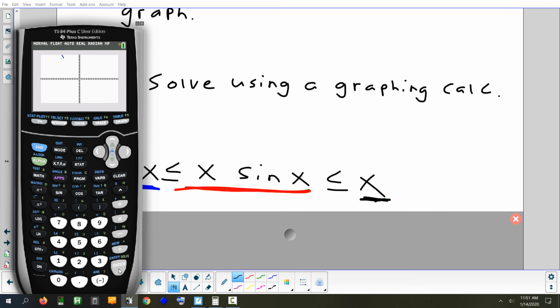All right. So there's our graph in blue. Here's x sine x, which is your variable vertical stretch, getting taller and taller as you move away from the origin. And here is our graph in black.